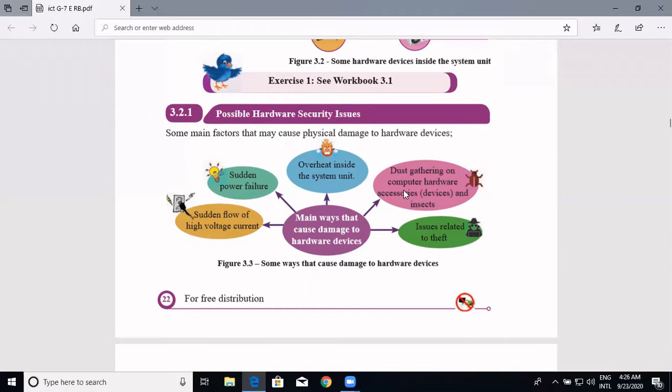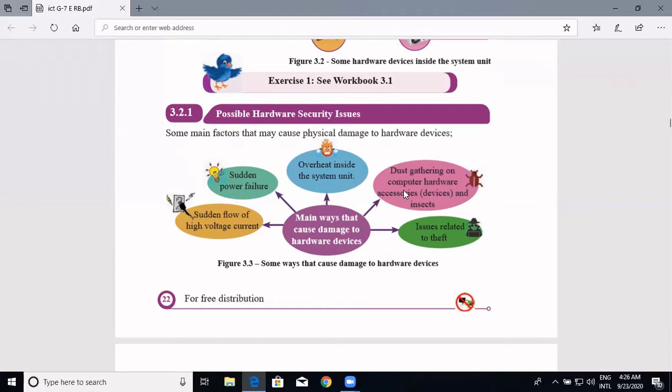Overheating: sometimes when the CPU is processing very hard for many hours, it generates so much heat. That can be a problem. And dust particles and insects can harm these hardware accessories. And there can be issues related to theft.